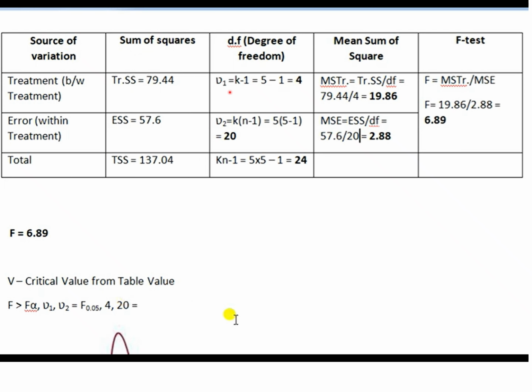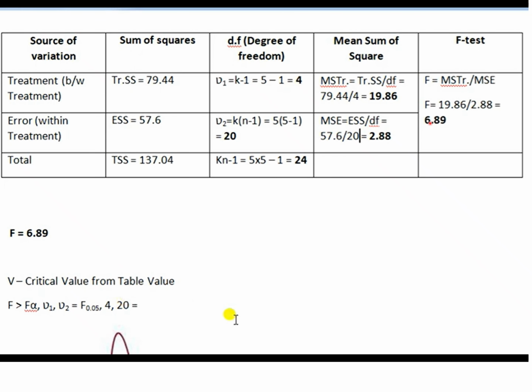Then the error degree of freedom is calculated by the formula, and the total would be 4 plus 20, equal to 24. Then the mean sum of squares is each sum of squares divided by its individual degree of freedom. In the F test, you just divide 19 by 2.88. So this is the F result.